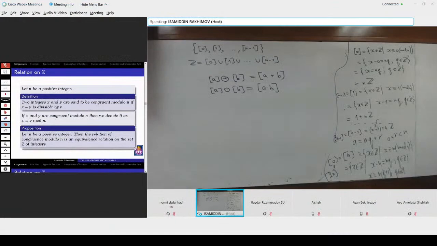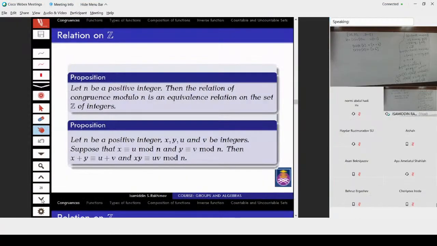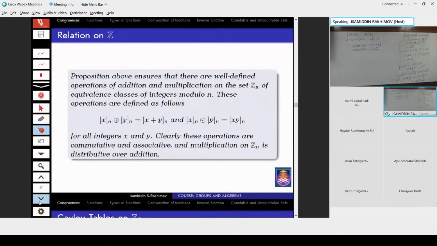These are addition and multiplication operations, well defined.